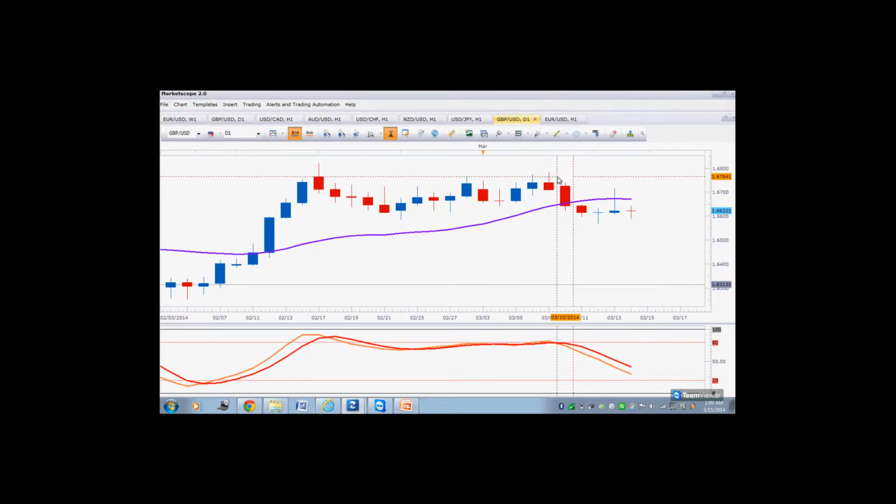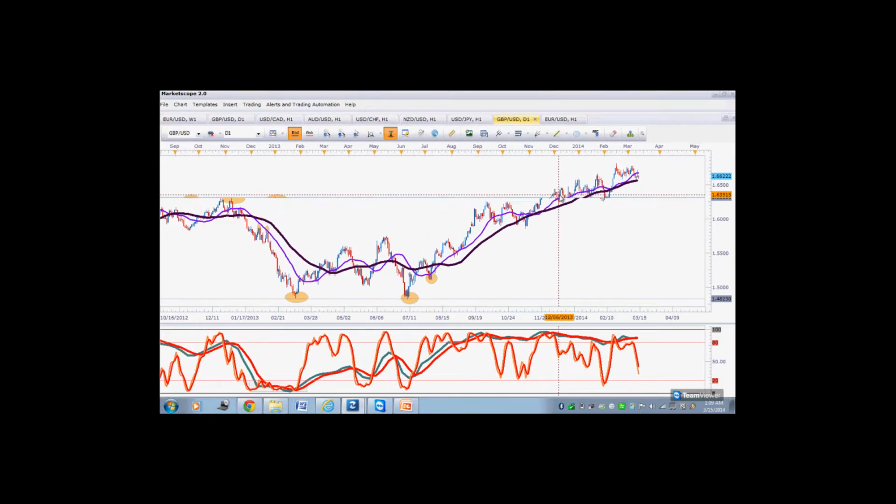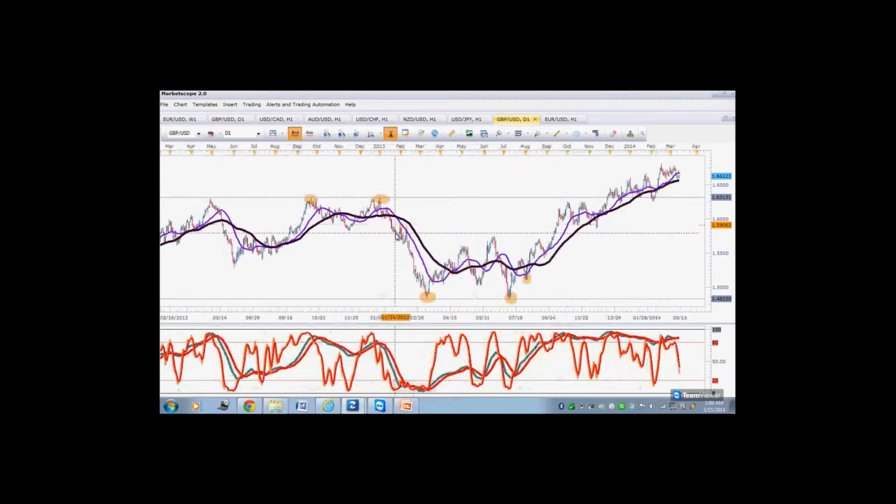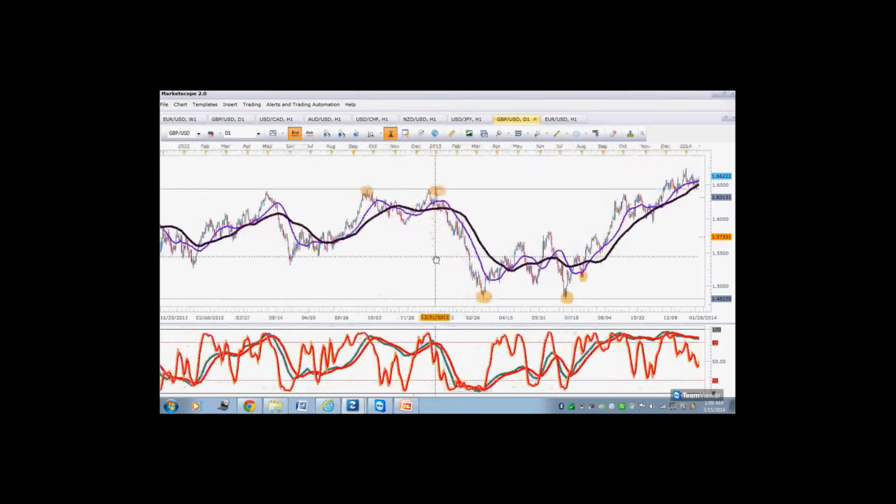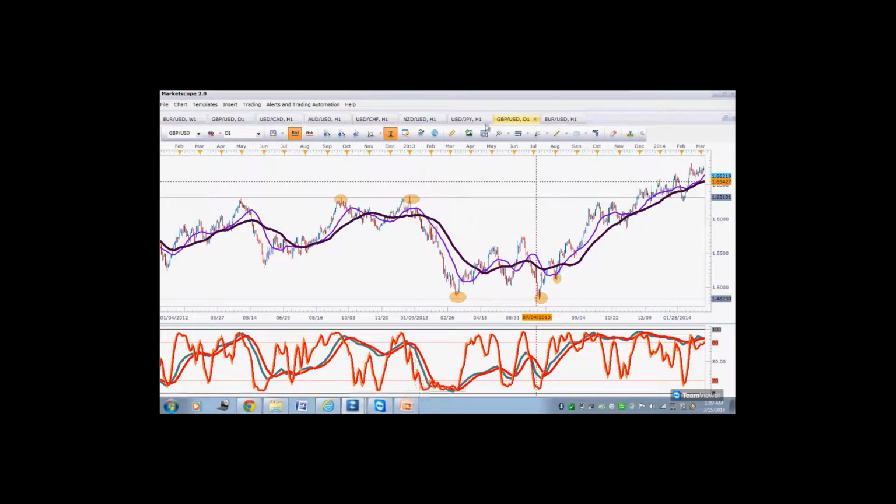So, for instance, let's begin our analysis with the daily chart. Here was the previous downtrend. This section of the chart was the downtrend, and this is the daily stochastic. The thick one is the weekly stochastic. They were both going down from 80 down to 20.